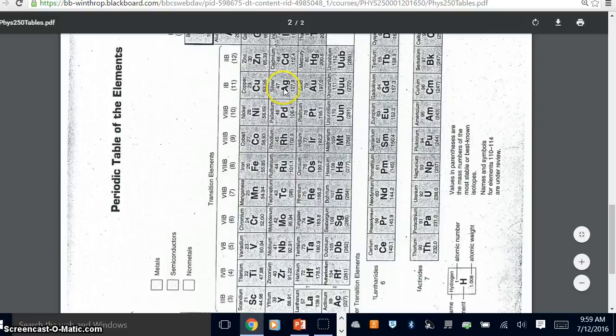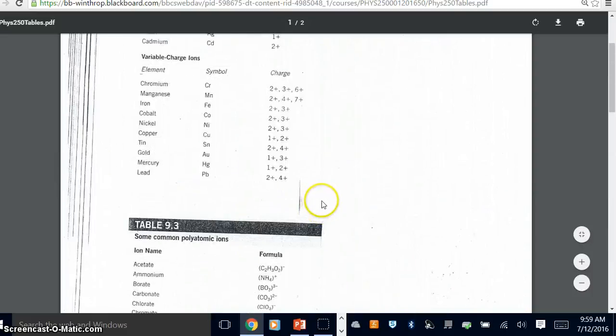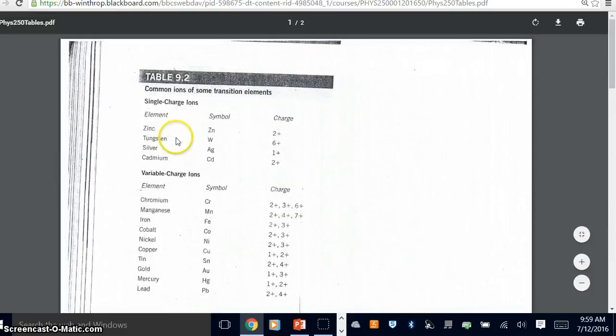Silver is an example, so is cadmium and zinc, and also tungsten. In fact, if you look at the top of this table 9.2, it shows zinc, tungsten, silver, and cadmium have these charges, which are indicated. Like, for example, zinc it loses 2 electrons, so it's +2, but it always does that. So does tungsten. Tungsten always becomes +6. Silver always becomes +1.